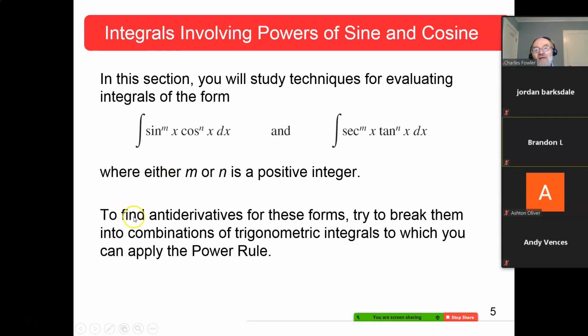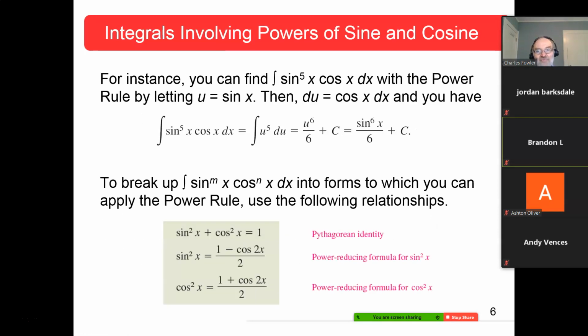To find the antiderivatives of these forms, we try to break them into combinations of trigonometric integrals to which you can apply the power rule. That's sort of the secret here. So, how do we proceed? For instance, you can find the integral of sine to the fifth x times cosine x dx with the power rule. Basically, it's just a simple u substitution.